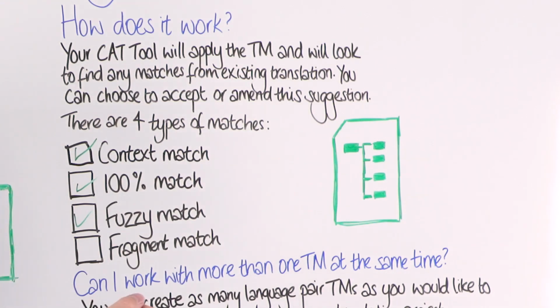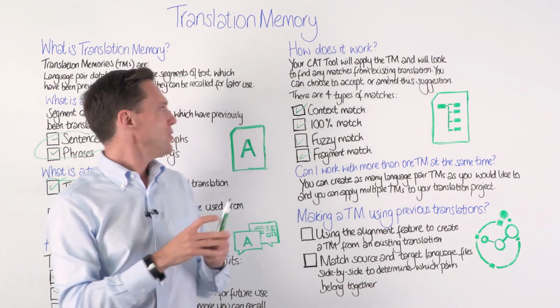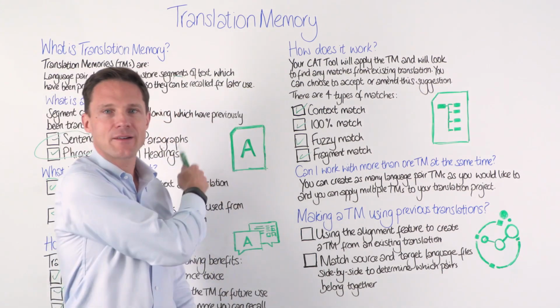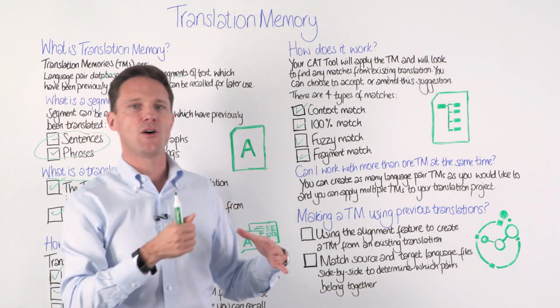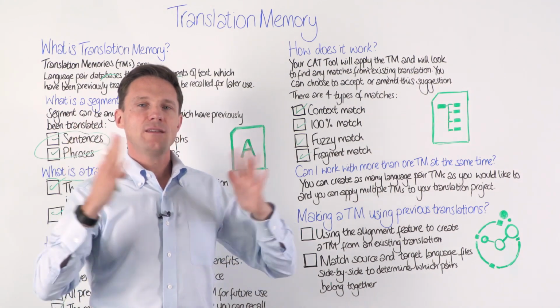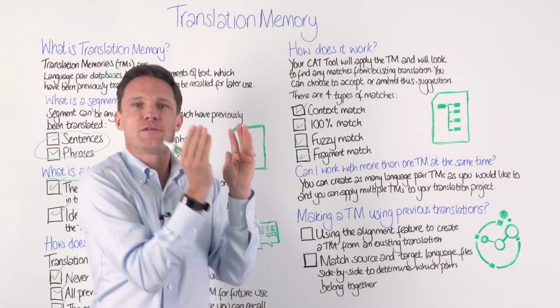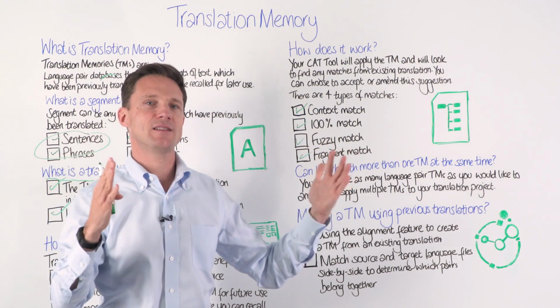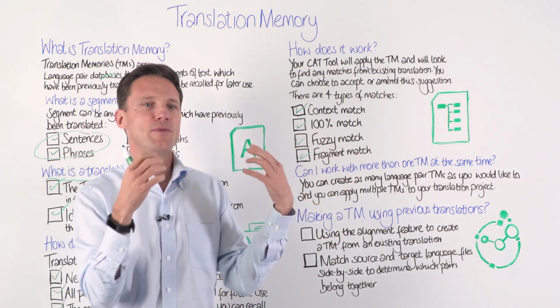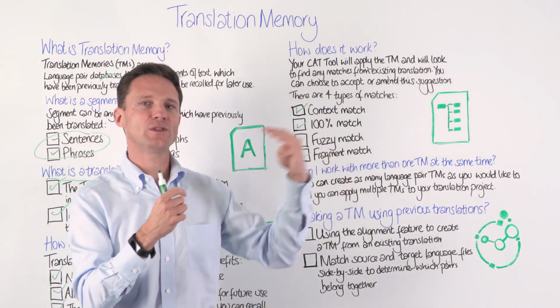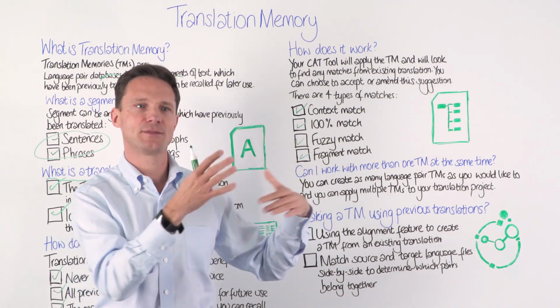One of the newest matches is the fragment match. We talked about paragraphs and sentences and so on. Within a sentence, there might be fragments. You might have a sentence with 10 words, but there might be 3 or 4 words that repeat themselves.